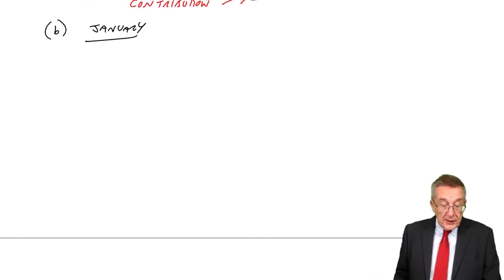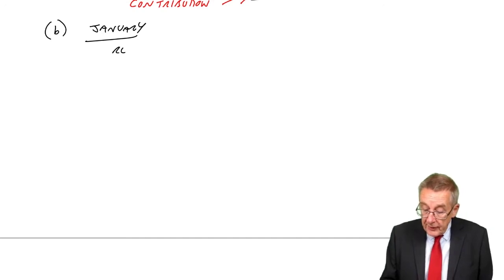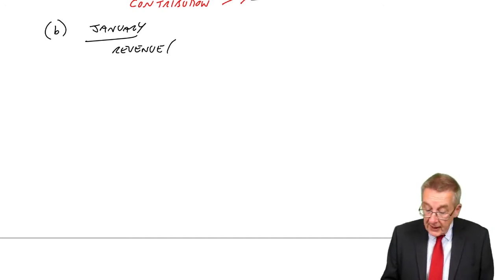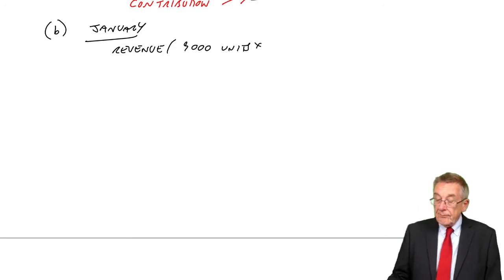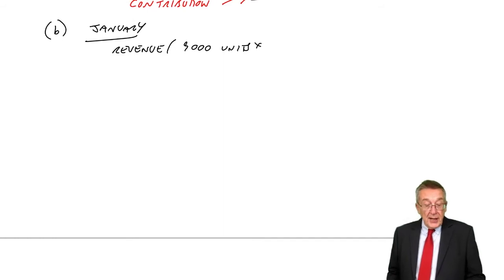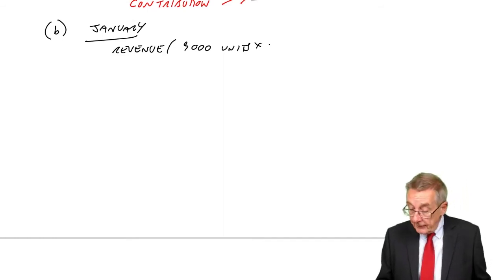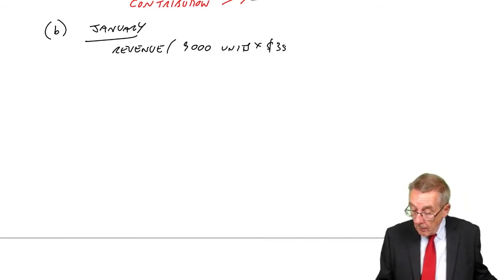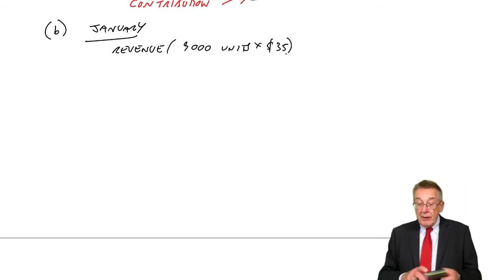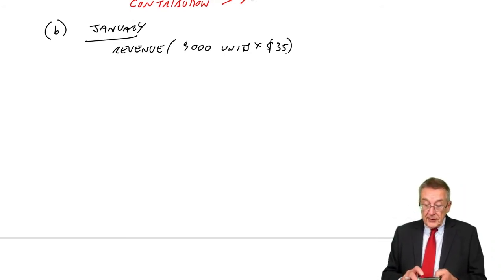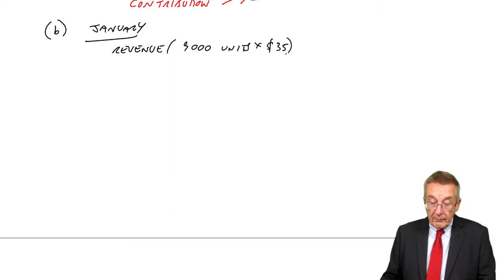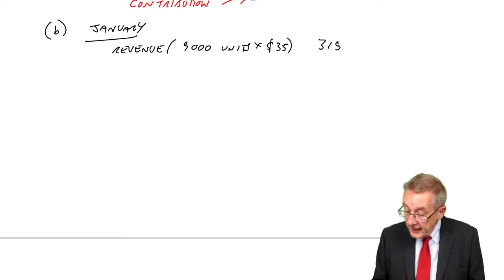However, if I do a full statement for January, first of all, the revenue. We're selling 9,000 units. The selling price per unit is $35. And so the total revenue, 9,000 at 35, is 315.